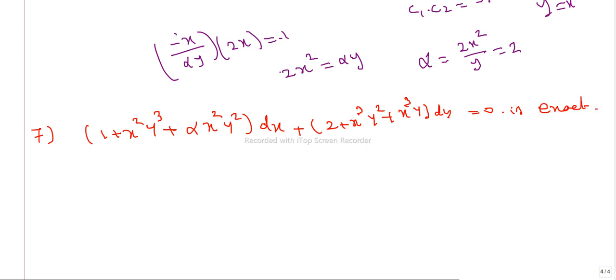Then what is alpha? The options are 1 by 2, 3 by 2, 2 and 3.